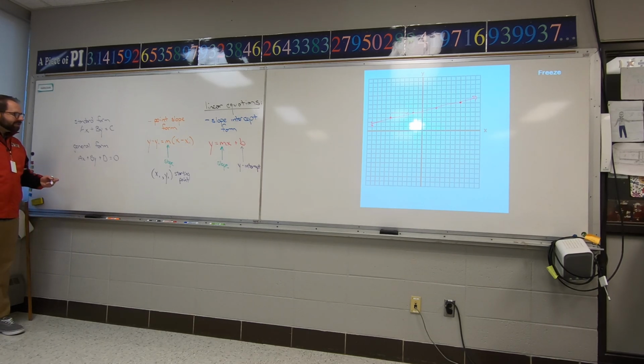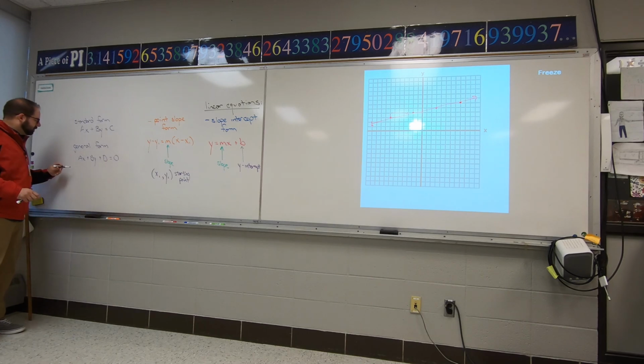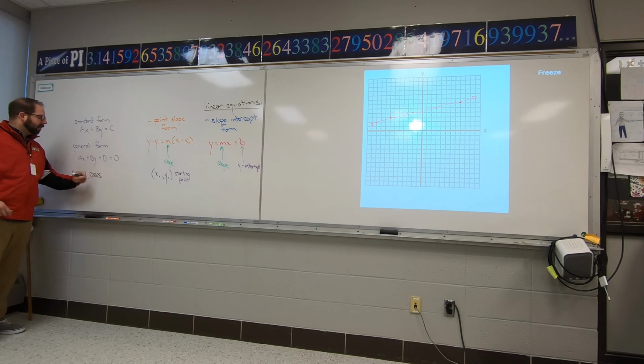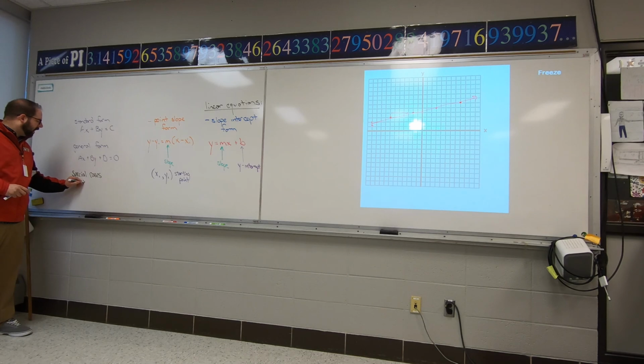And then the last one is not really another form, it's special cases. These are ones we'll look at more and more. There are special cases of equations that are really easy to draw. It's when you have a vertical line straight up and down, or a horizontal line straight across.